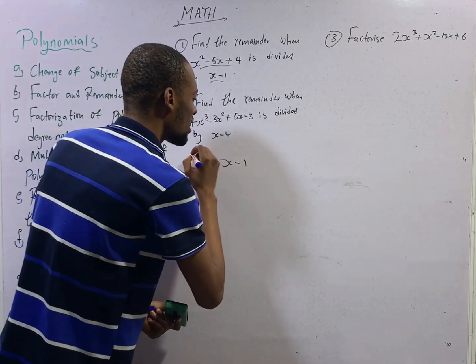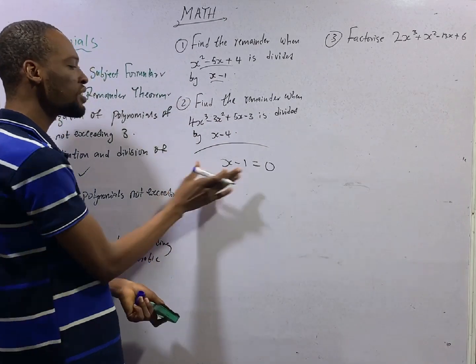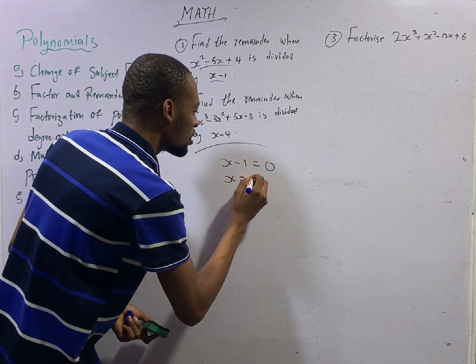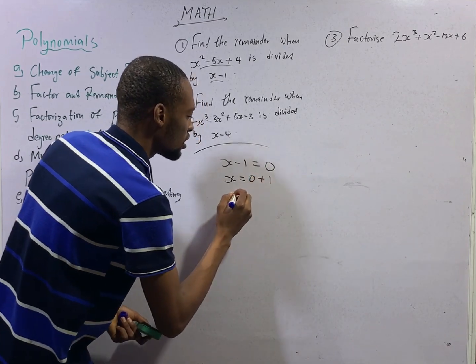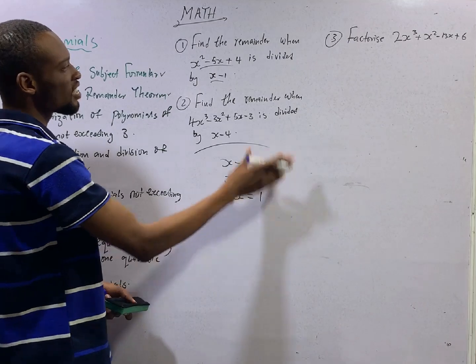S minus 1 is the divisor. Equate it to 0. If this equals 0, it means that s equals 0 plus 1. It means that s equals 1. This is your value of s.